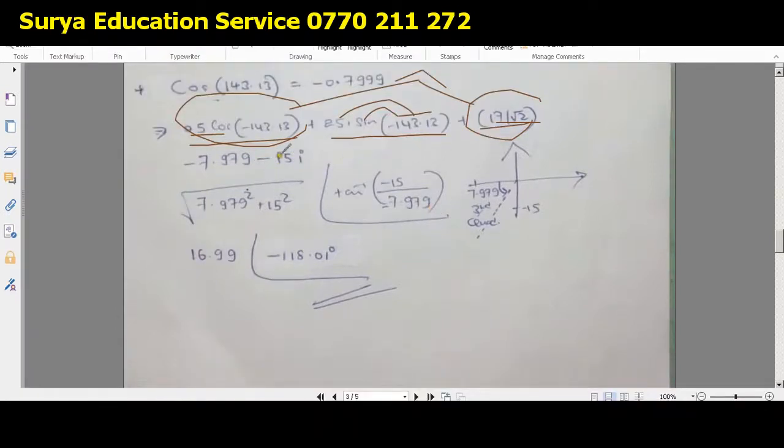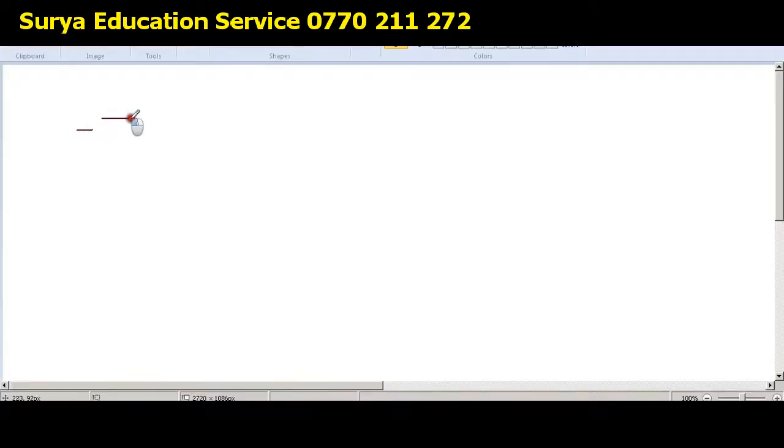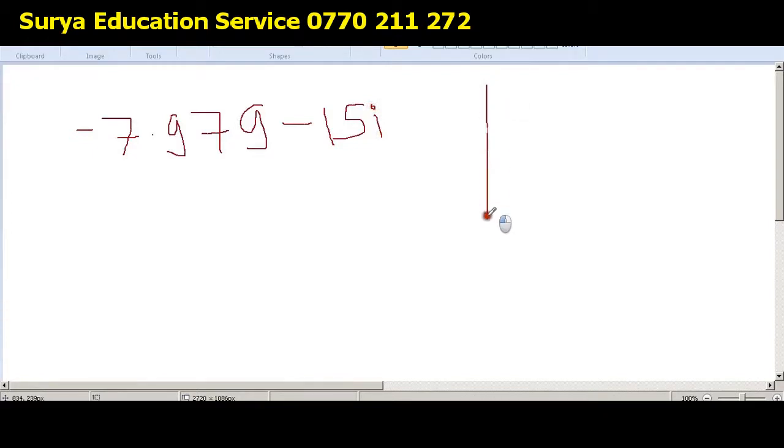So now we obtained this complex number by simplifying the statement above, like 25 cos of this angle, like that. Now let me teach you something about that. So now we have minus 7.979 minus 59i. There is something you need to focus on, so let me teach you that. Just sketch the xy axis.